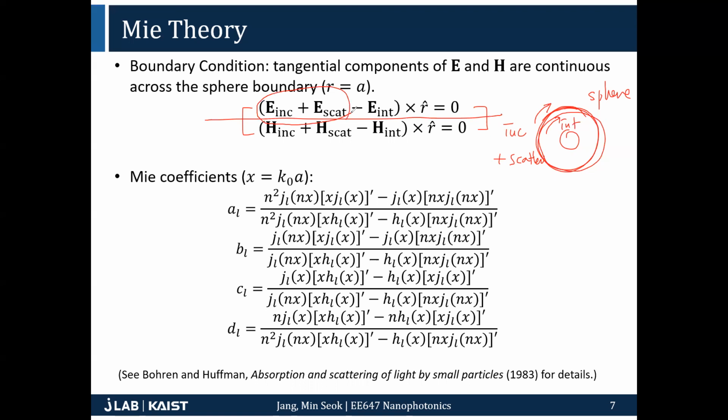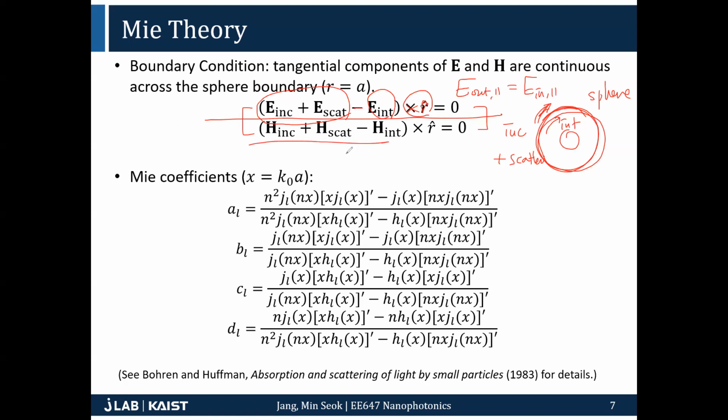Field outside minus field inside, taking the cross product with R, which gives you the component that is perpendicular to R, which means parallel to the surface. So this is just E out parallel equals E in parallel.